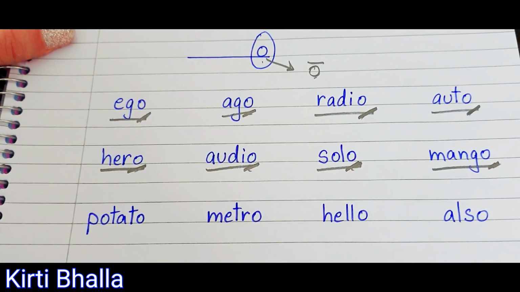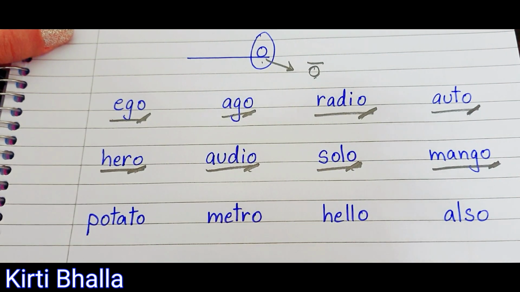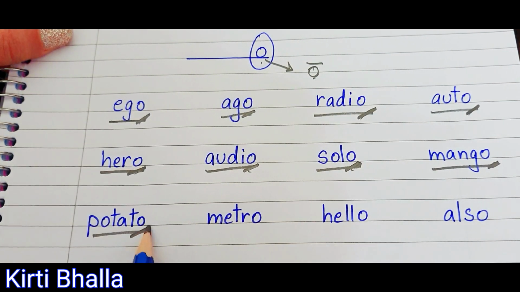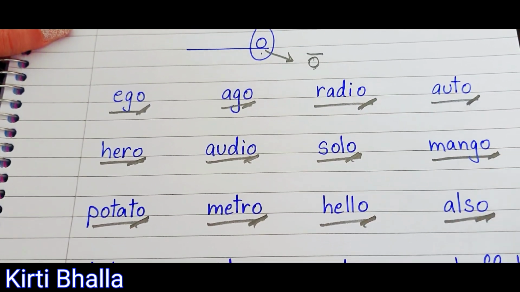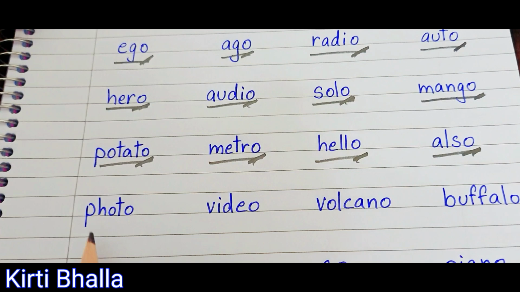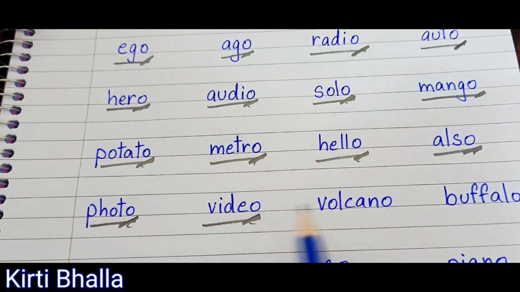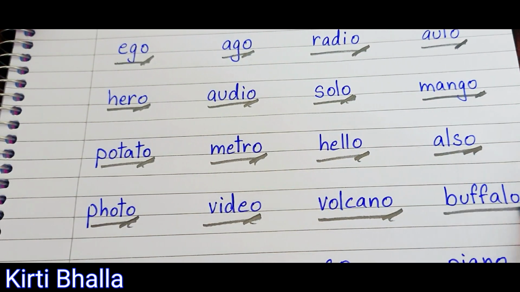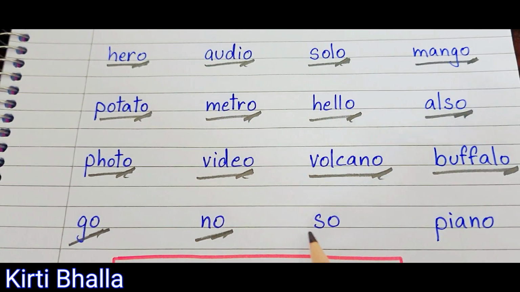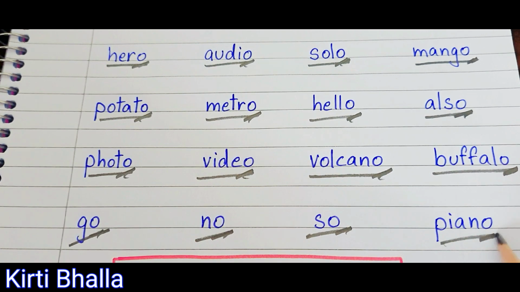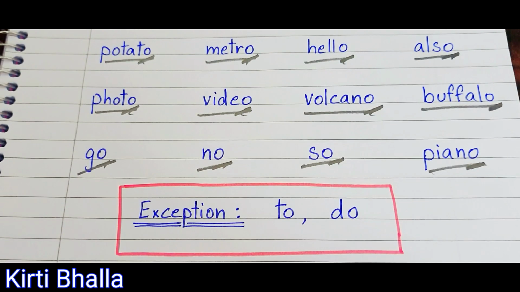So the single O at the end gives you the long O sound. Potato, metro, hello, also, photo, video, volcano, buffalo, go, no, so, piano.